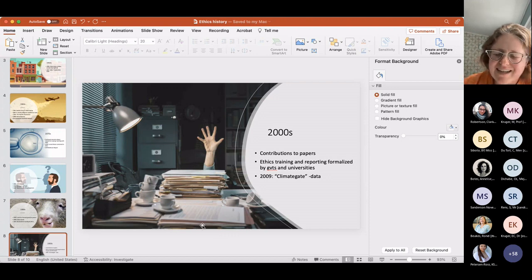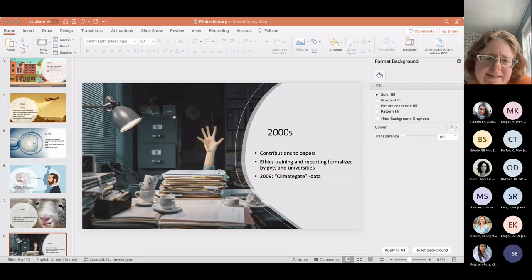We also saw the start of concerns around data security, and not just in terms of the privacy around individual information that we saw earlier, from the 1930s onwards, but about what people outside of academia can do with data. So in 2009, for those of you who need a little bit of a refresher, the University of East Anglia's climatic research unit was hacked, specifically by climate change skeptics who wanted access to the raw data because they were convinced that this data was manipulated to tell only one story.